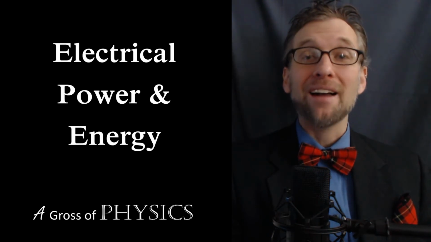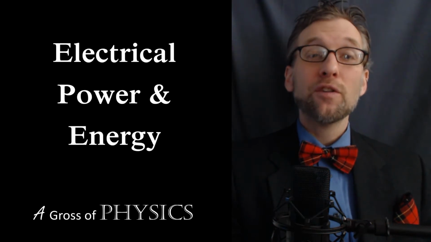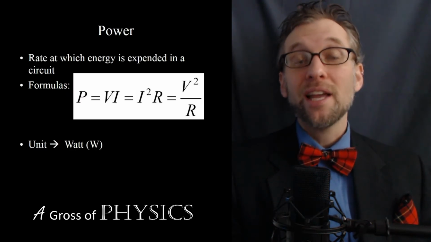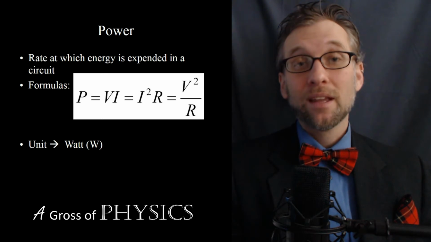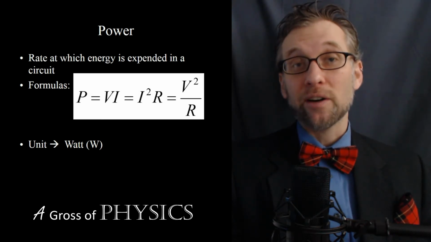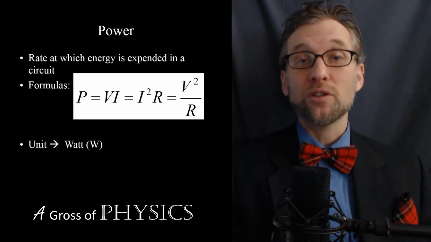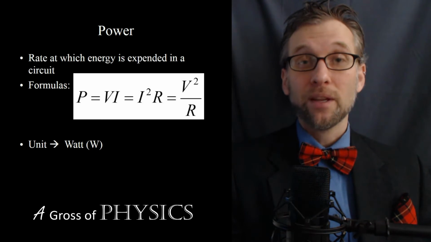In fact, what we have is an equation based on voltage and current. So the equation for power in terms of electricity is P equals VI. Now I'm going to show you how that is derived on the whiteboard a little later. But for now, our equation is P equals VI, and that's our standard equation for power in an electrical circuit.